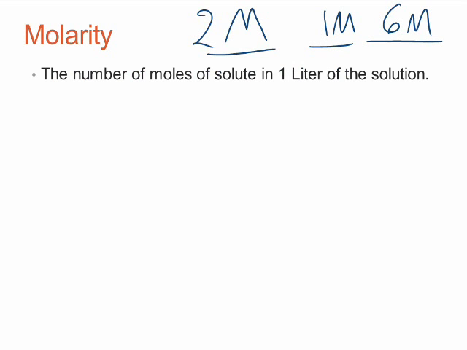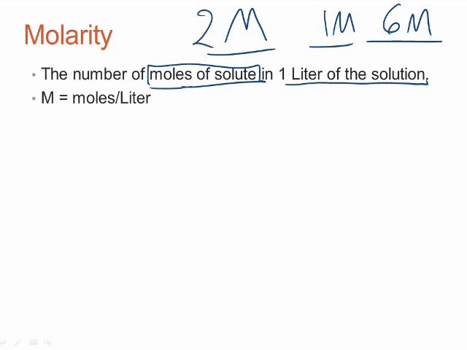And what it means is it's a number of moles of solute, like moles of Kool-Aid, in 1 liter of the solution, like water. Usually that solution, or really solvent, big M is moles per liter. So whenever you see that, such as on the side of something or in the directions for a procedure for a lab, big M is moles per liter.